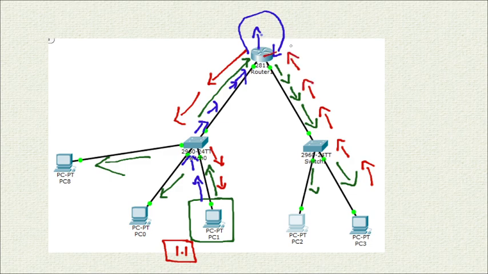The router saves the MAC address, then finally the blue color packet goes directly and reaches the reply to him. Green color is the broadcast packet, red color is the replying packet, and blue color is reaching the destination.